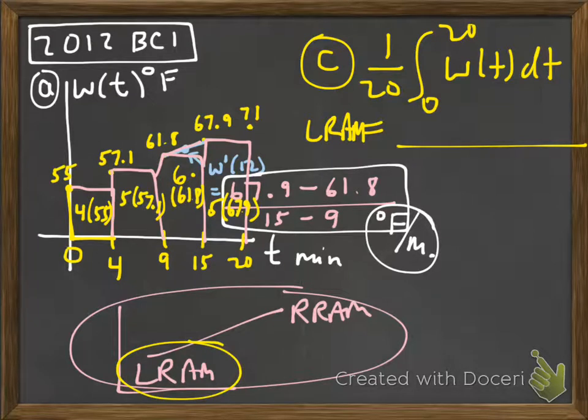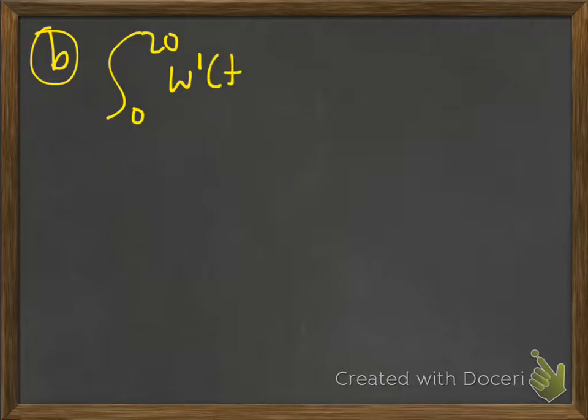Okay, so I'm going to switch over to part B on the other side. For part B, it says evaluate the integral from 0 to 20 of W prime dt, and use the data in the table to evaluate that.